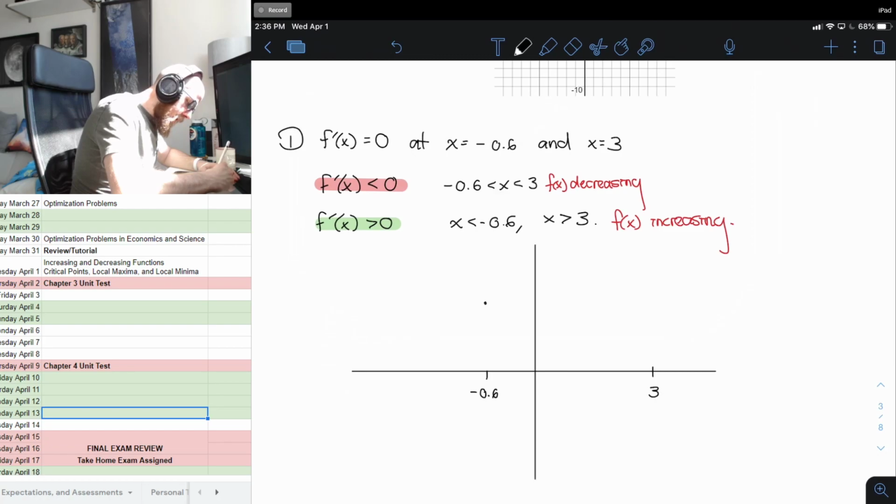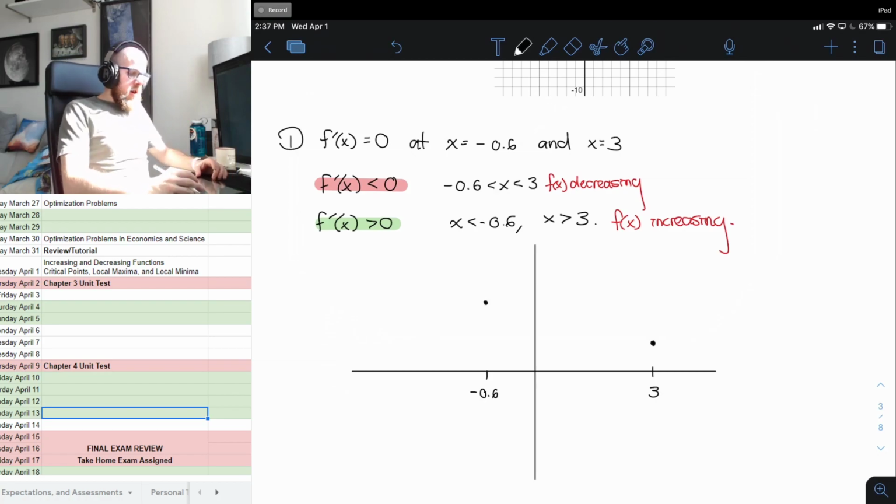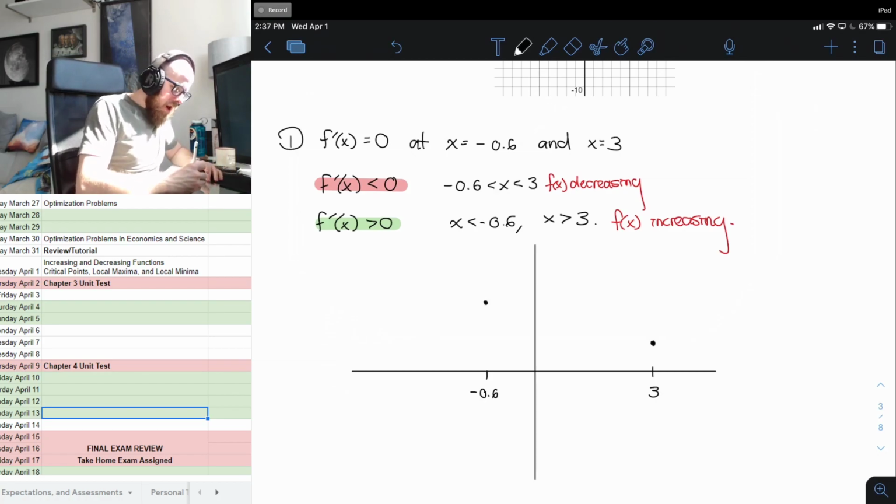I'm going to indicate these points like this. Essentially, I'm told that my function is decreasing between negative 0.6 and 3. So my function might be doing something like this.